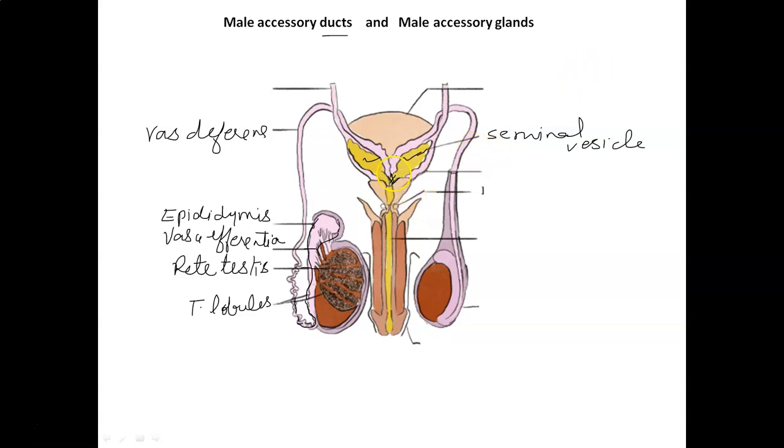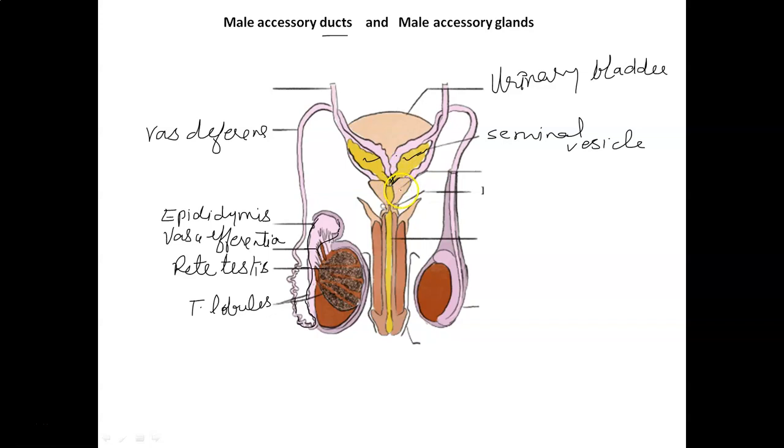We cannot show here the ejaculatory duct. So that ejaculatory duct will then join with the duct which is coming from this structure, this part you already know, urinary bladder. So we have seen that vas deferens joins with the duct coming from seminal vesicle, forms ejaculatory duct, and ejaculatory duct will then join the duct which is coming from urinary bladder.